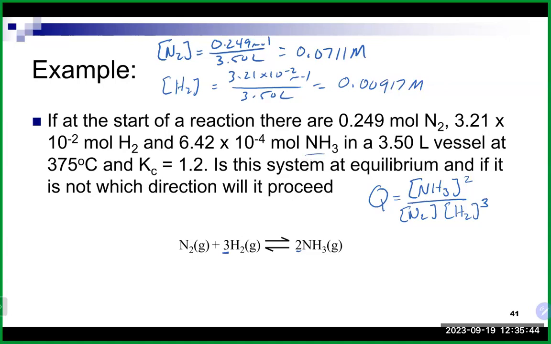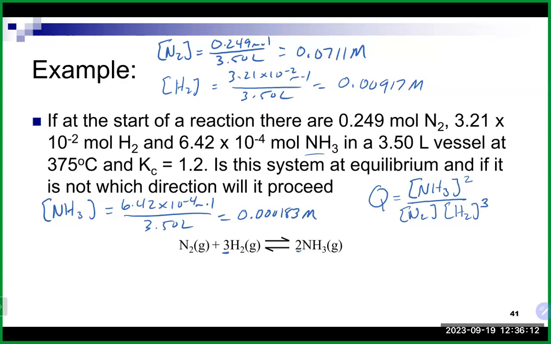So we'll do it down here. NH3 will be our 6.42 times 10 to the minus 4 moles divided by 3.5 liters. And that's going to give us 0.000183 molar. So we have everything that we need to go into our expression.